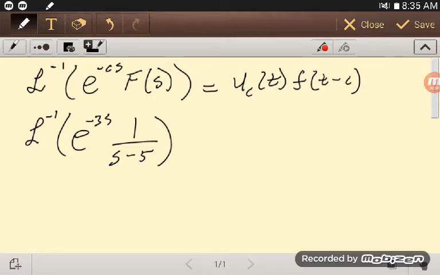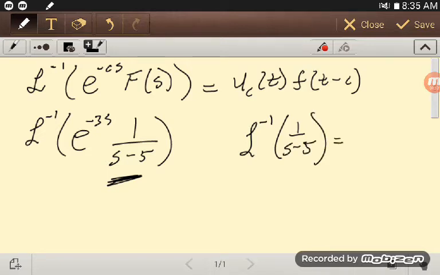What do we do? We take the 1 over s minus 5, and the Laplace inverse of 1 over s minus 5, we look that up, and that's e to the 5t.